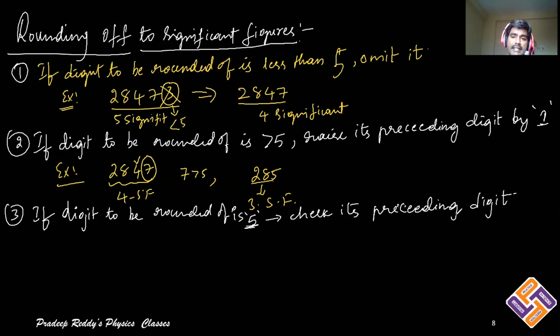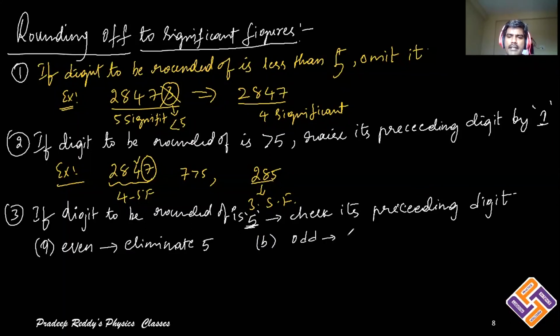This preceding digit can be even or odd. Suppose it is even: if the preceding digit is even, then eliminate 5. If the preceding digit is odd, raise it by 1 and eliminate 5.